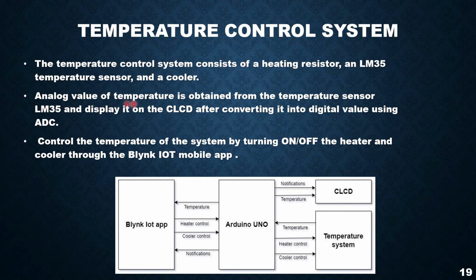The analog value of temperature is obtained from the LM35 temperature sensor and displayed on the CLCD after converting it into a digital value using an analog to digital converter. We control the temperature of the system by turning on or off the heater and cooler through the Blynk IoT mobile app.